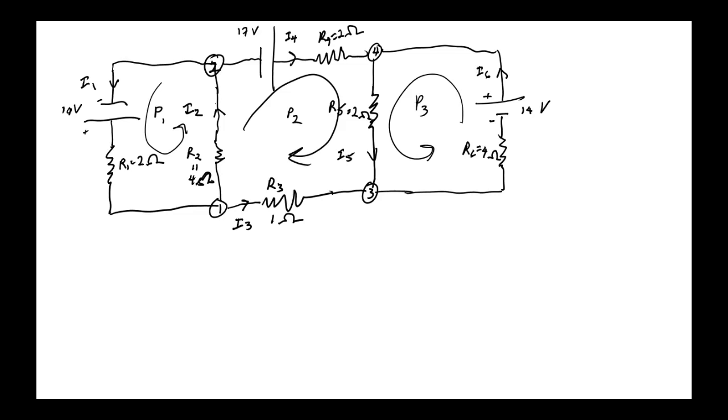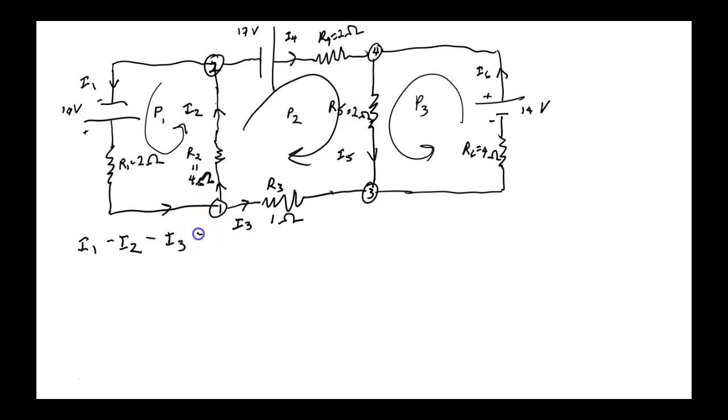Okay? You want to start with junction 1. Just to remind myself the currents and which way they're going. At junction 1, you have I1 coming in, I2 going out, and I3 going out.